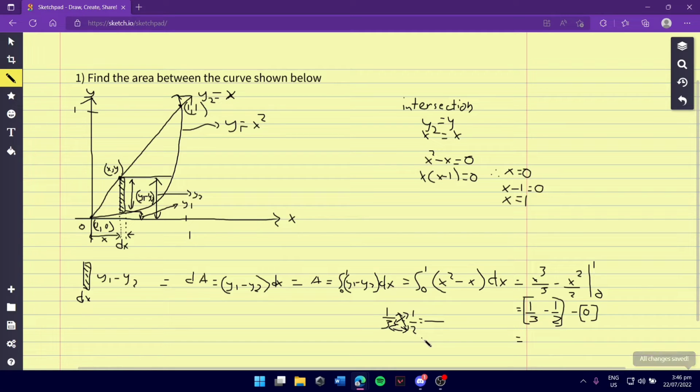So this will become 3 minus 2, and then the product of the denominators, which is 6. So this is your answer, 1/6. This is your final answer, labeled as 1/6 square units.